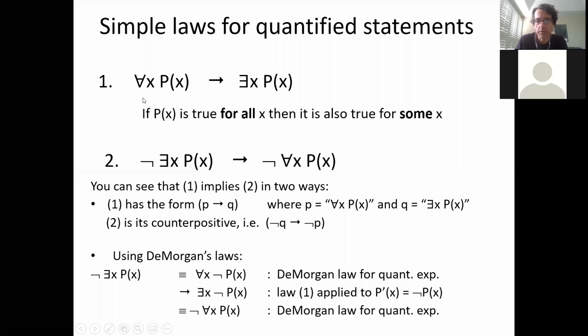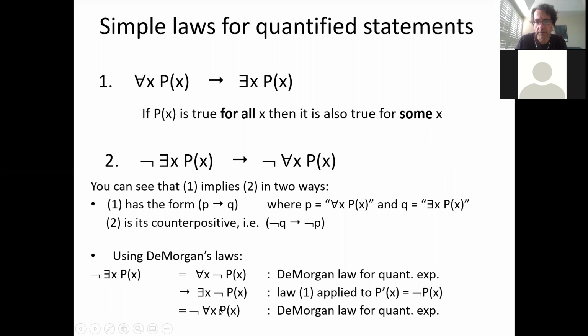And now I can use this law, but just apply it to a new predicate, which is p prime, which is not p, right? I did this in the previous slides as well. So just think of this not p as a predicate and run this law. So now that you say that for all x's, not p of x, that implies that there exists x such that not p of x.